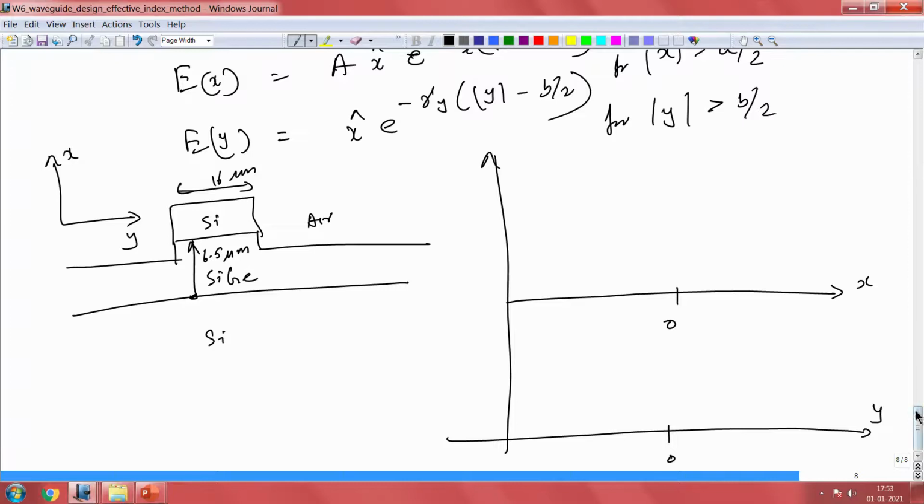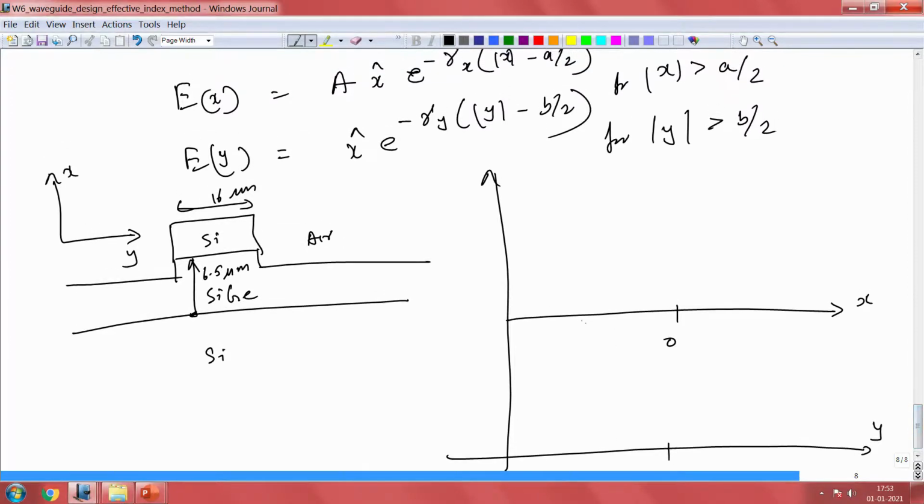So, if you plug in these numbers, you will get something like this. So, this value will be 5, 10, minus 5, minus 10, plus 5, plus 10, all right.